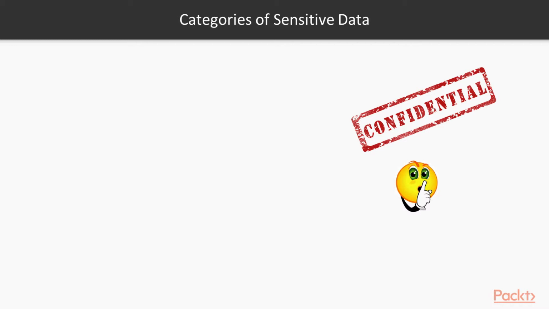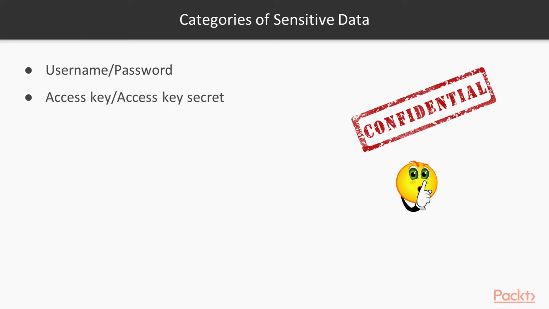Well, let's look at some of the more common pieces of confidential data. First, we have things such as username and password to access secured services. We have access keys and access key secrets that are often used to access a protected API. We have such things as certificates used for secured and encrypted communication between different parties, to just name a few.